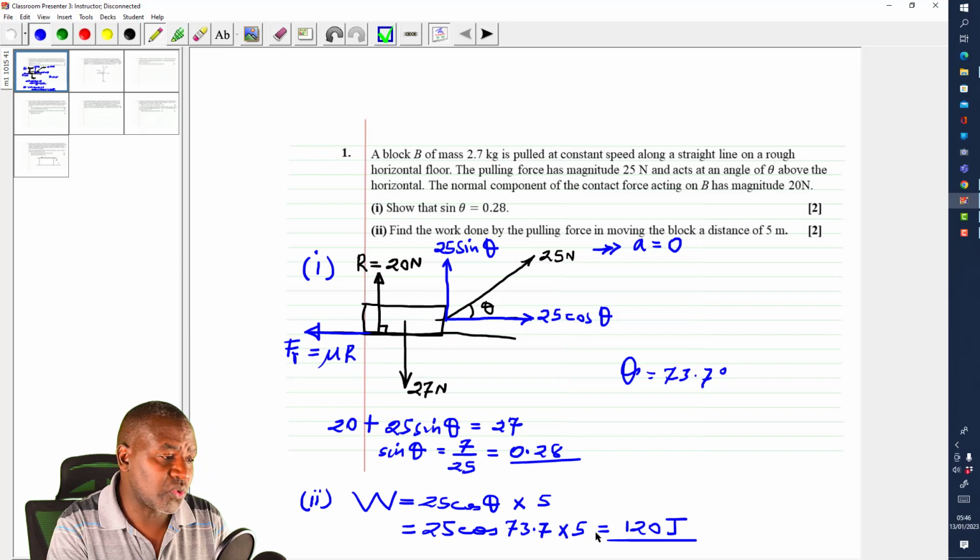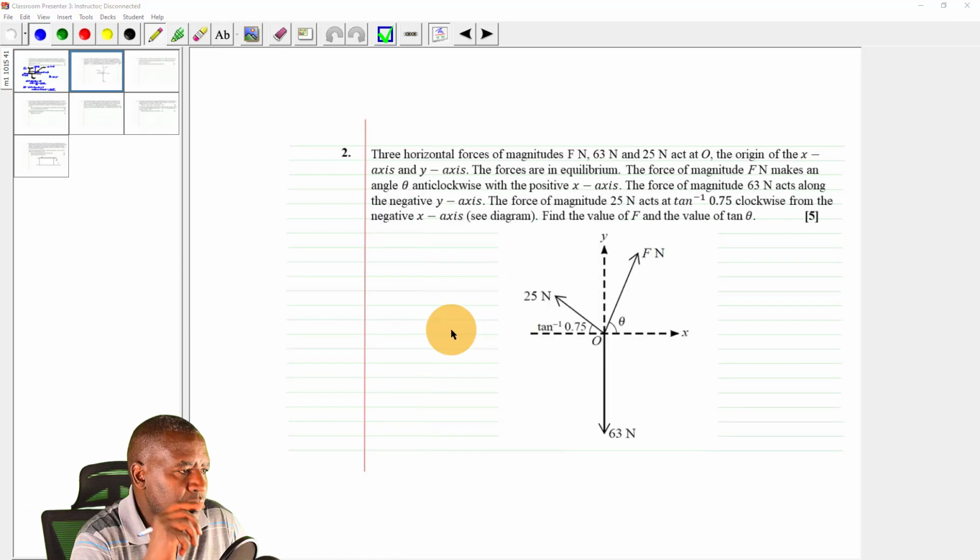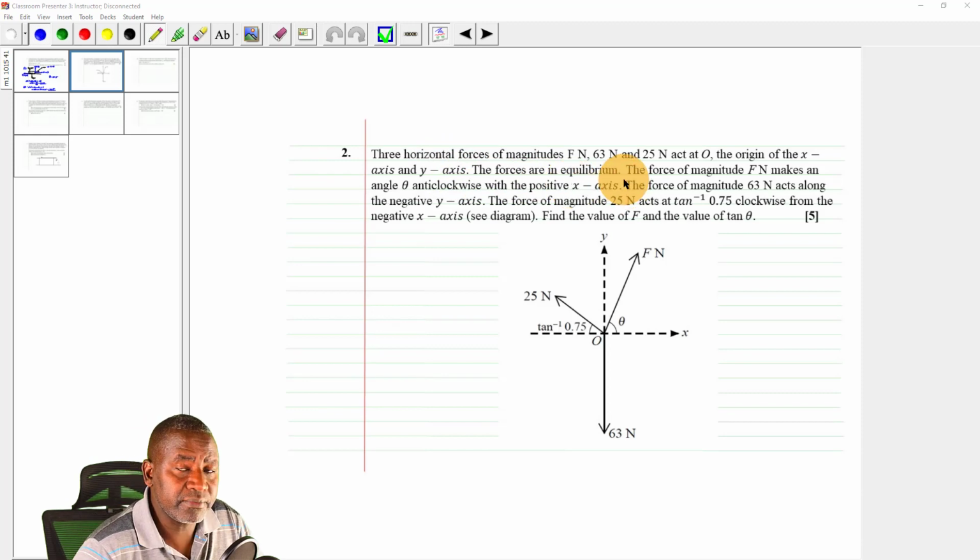Let's go to question number 2. In question 2, we are given this information: 3 horizontal forces of magnitude F, 63 and 25 newtons, act at O, the origin of the x-axis and the y-axis. The forces are in equilibrium, so we know that the resultant force on the system is 0.